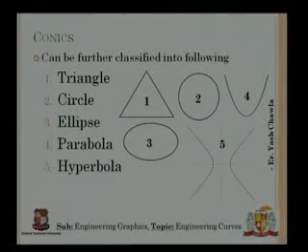So the first is triangle, second is circle. This is a triangle denoted by number 1. This is a circle. Then we have an ellipse, then a parabola, and then a hyperbola.